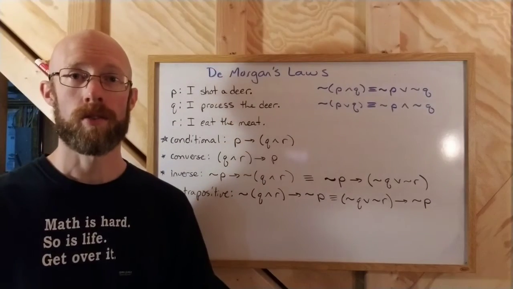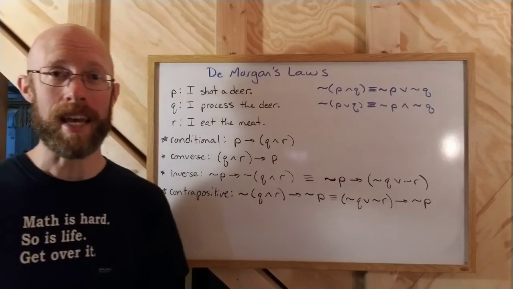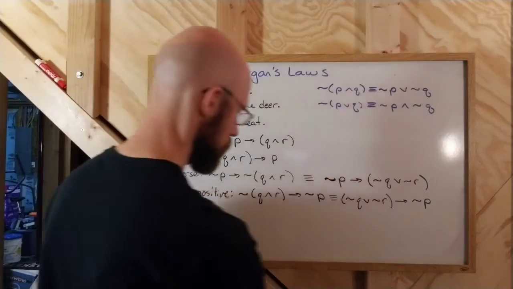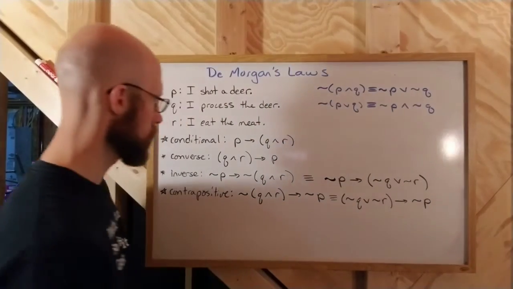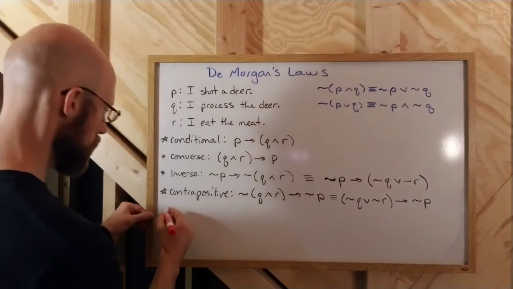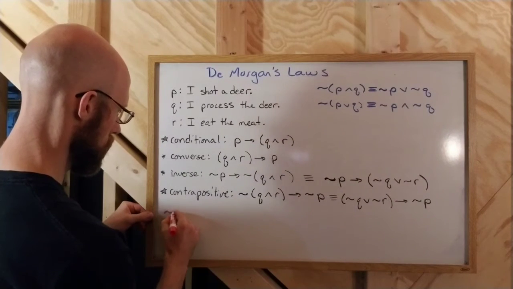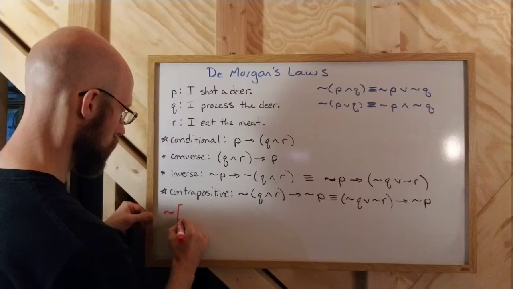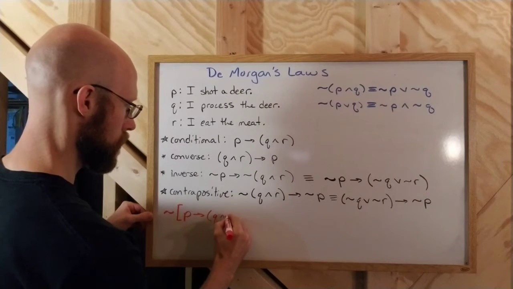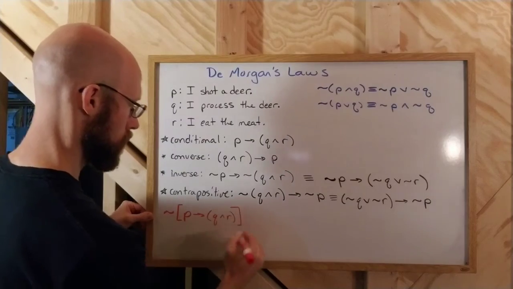And so now let's look at what happens if I were to negate one of these entire statements, okay? And so let's consider the conditional for a moment. If I were to negate the entire conditional statement. Interesting.